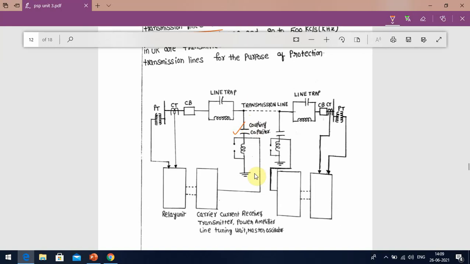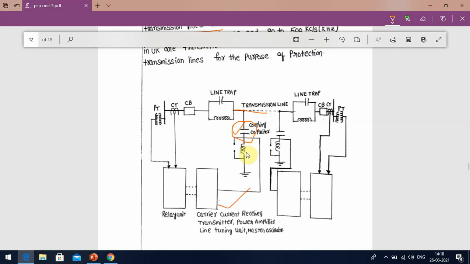For example, this is the carrier current equipment, and this is the transmission line. This carrier current equipment is connected to the transmission line through the coupling capacitor.